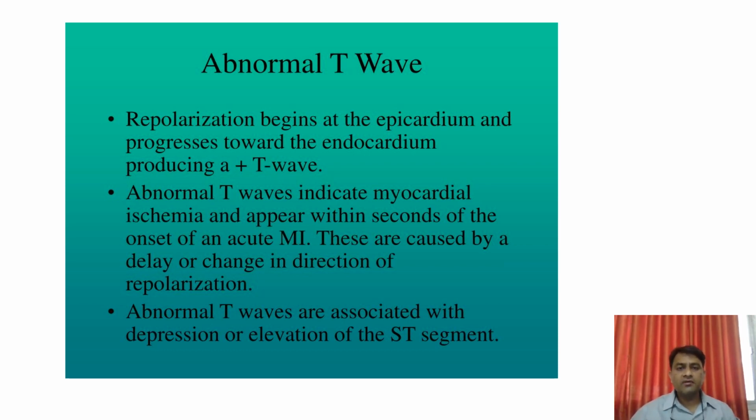Normal T wave repolarization begins at the epicardium and progresses towards the endocardium, producing a positive wave. Abnormal T waves indicate myocardial ischemia and appear within seconds of the onset of acute myocardial infarction.